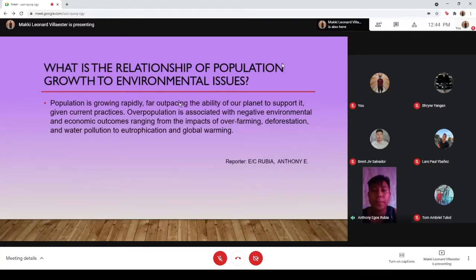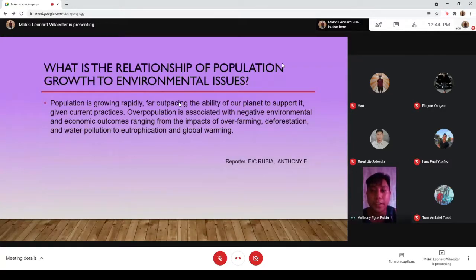One of the topics is to talk about the relationship of population growth to environmental issues. As we all know, population is rapidly far outpacing the ability of our planet to support it, given current practices.